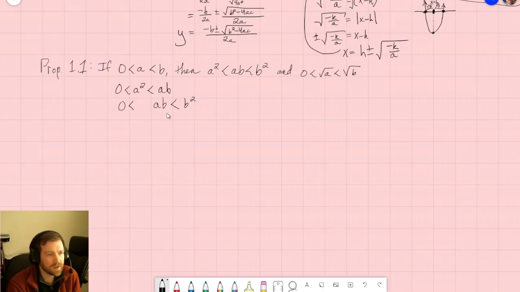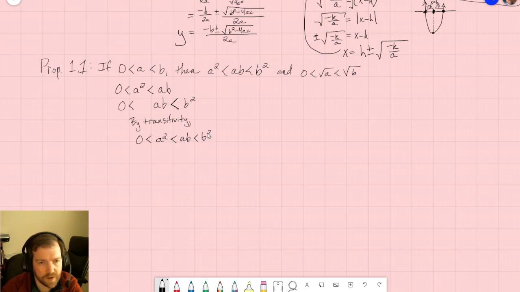Okay, so by the transitive property in this particular case, 0 is going to be less than A squared, less than AB, less than B squared. Okay, so that's part A. And also we have the square roots here.